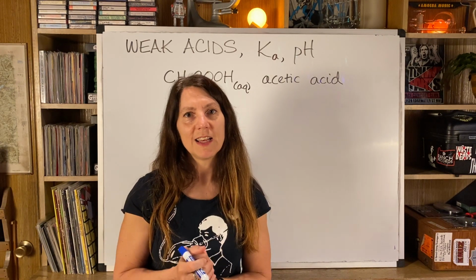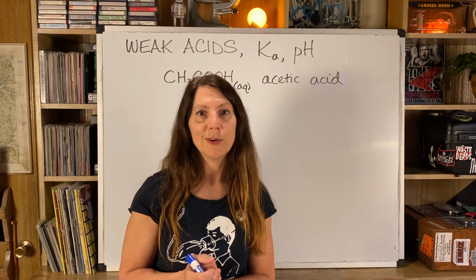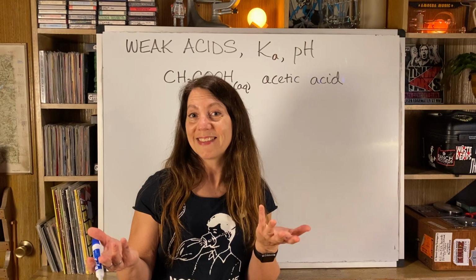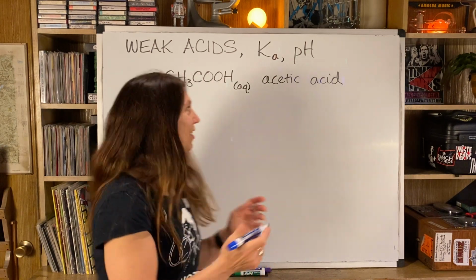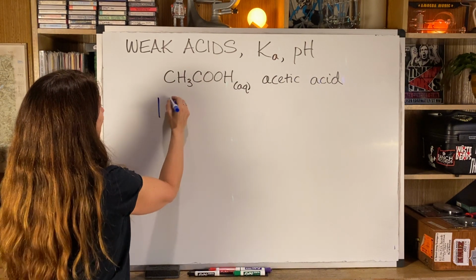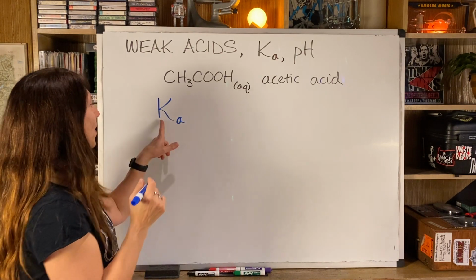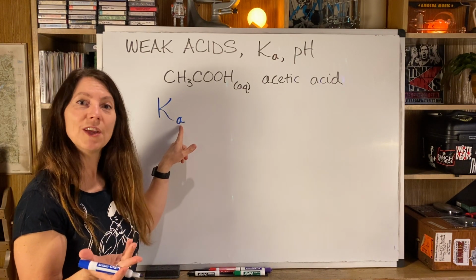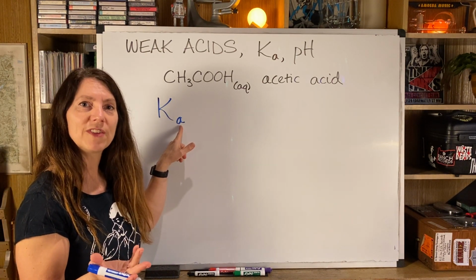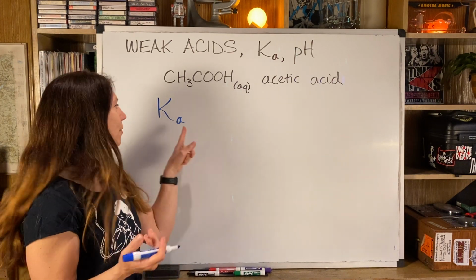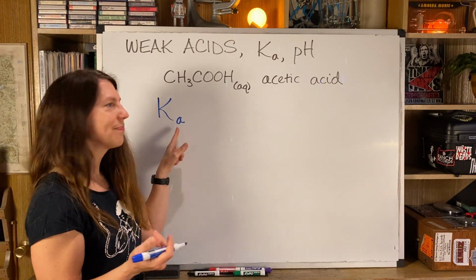We actually get a special designation. They're called Ka values, but it is an equilibrium constant. So instead of writing Keq, a generic equilibrium constant, if we're talking about a weak acid, we're going to put a little a there for acid.